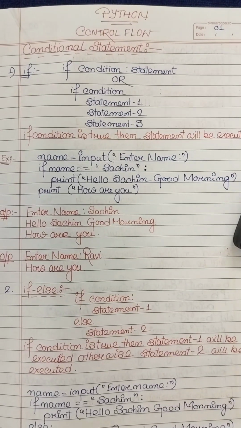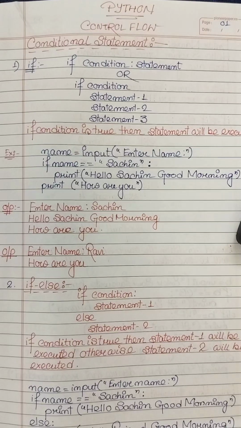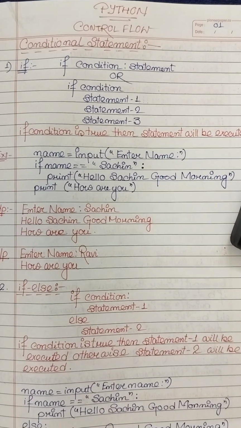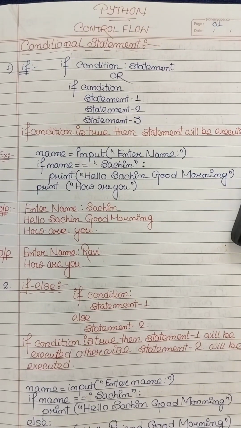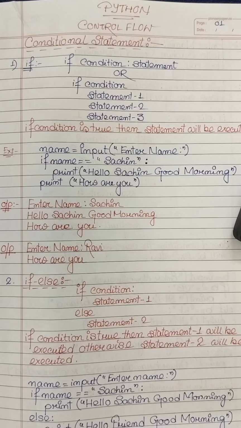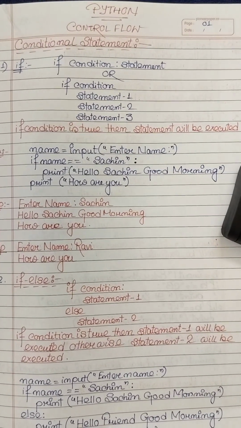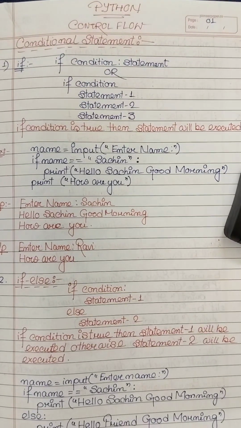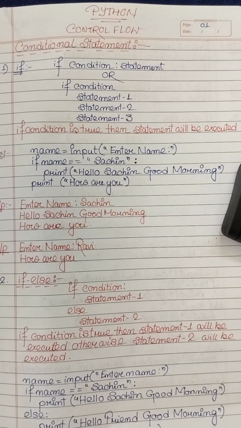Control flow structure is divided into three parts. Today we will discuss the first part, that is conditional statements. The other two parts are transfer statements and iterative statements.